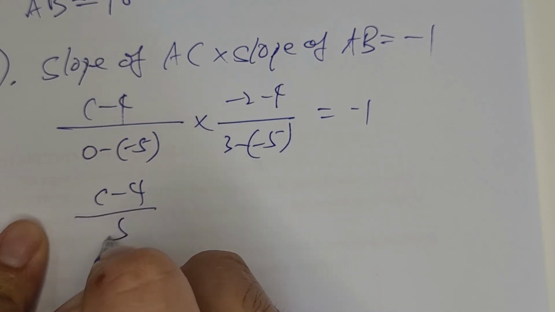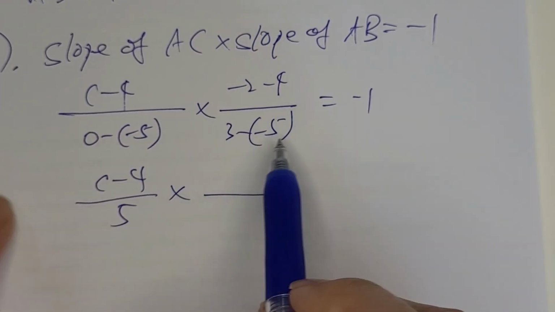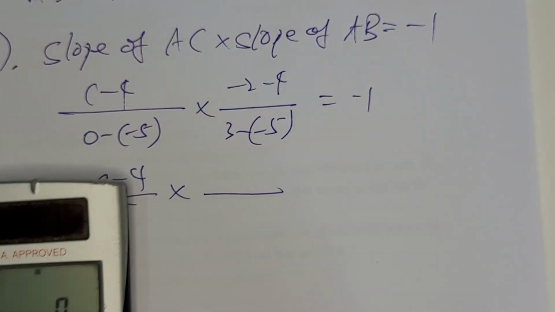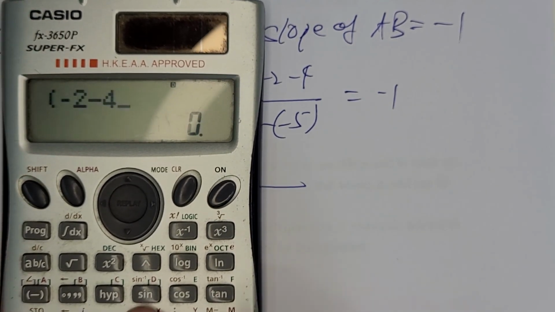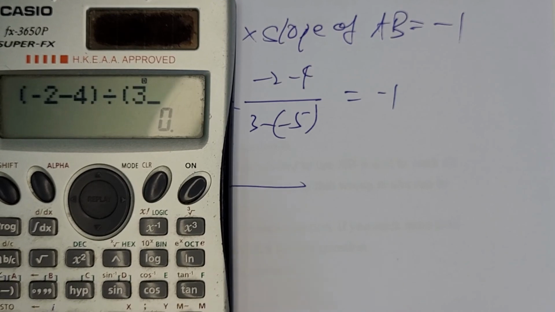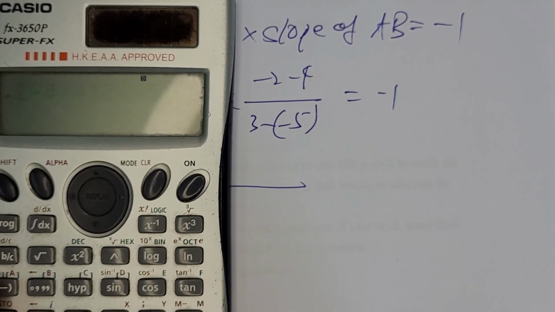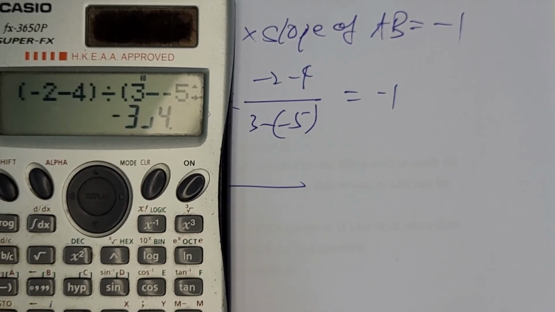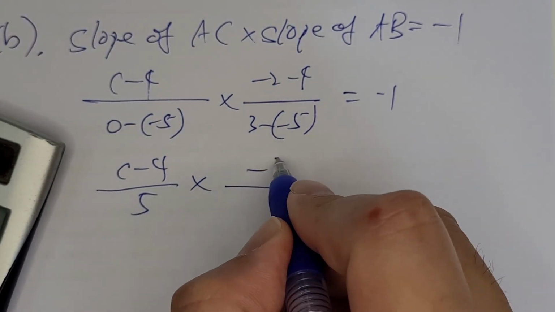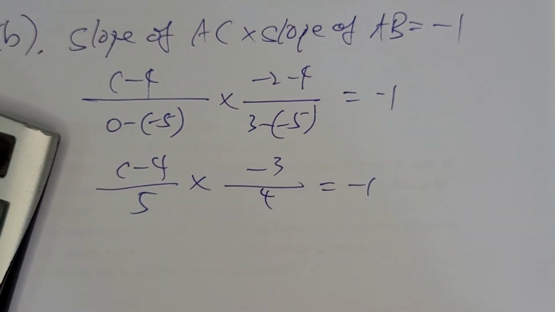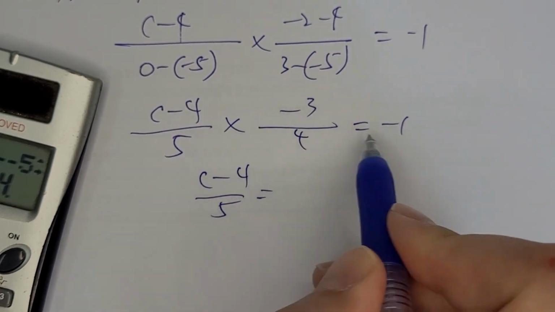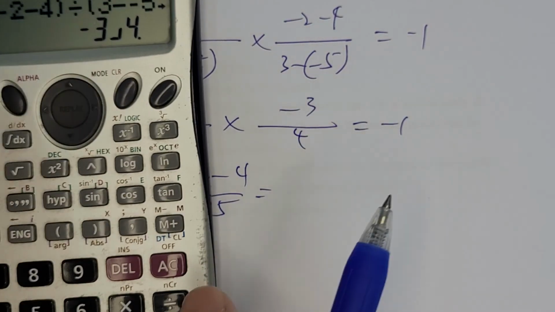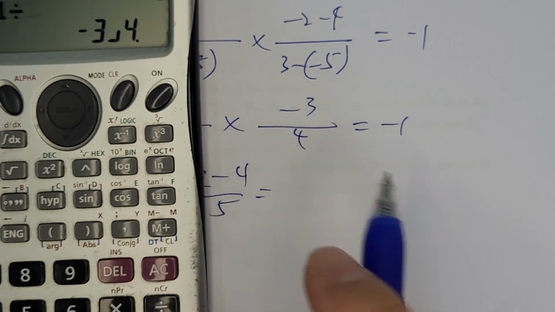c minus 4 over 5 times, you can use the calculator to press this. Start bracket, negative 2 minus 4 divided by 3 minus negative 5, change to this one, negative 3 over 4, equals negative 1. So c minus 4 over 5 can be written as, you cancel these two negative signs, negative 1 divided by this number.